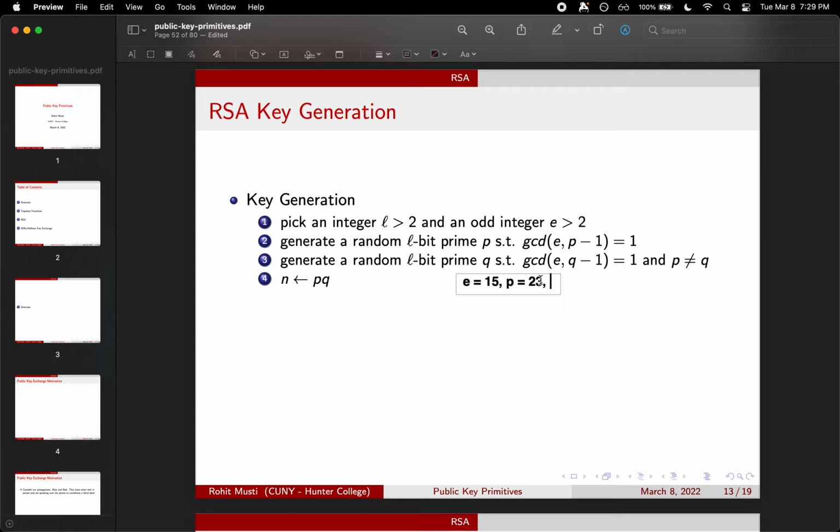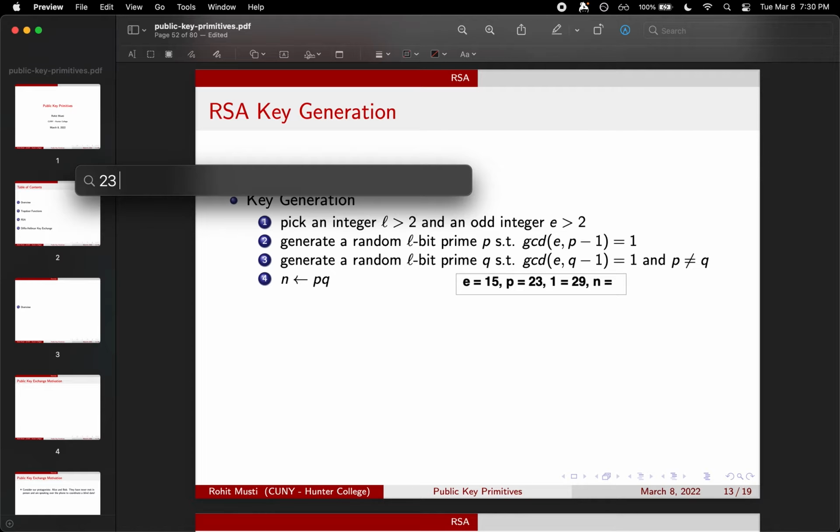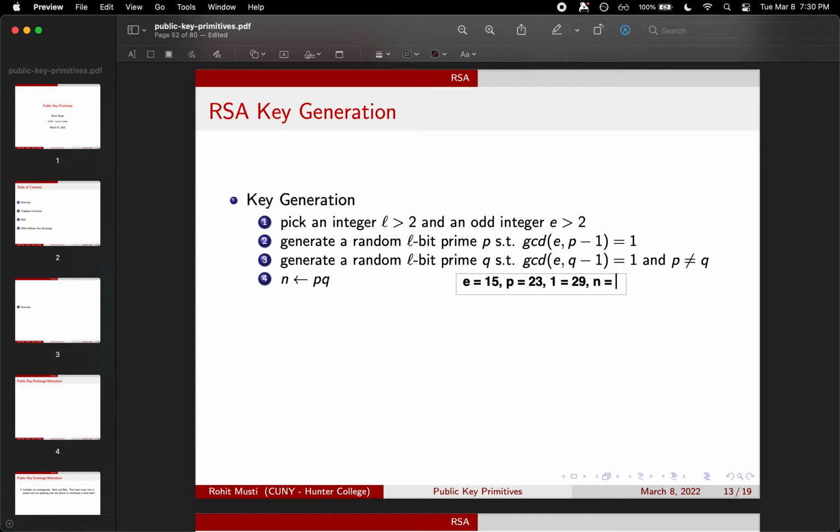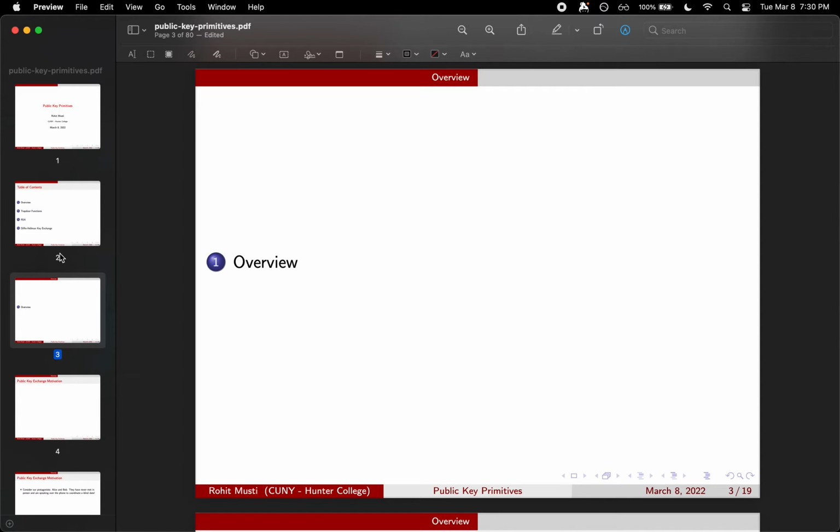And let's say Q is 29, and 29 minus 1 is 28, whose factors are 1, 2, 4, 7. So there's no overlap between Q minus 1 and E, and there's no overlap between P minus 1 and E. So then N equals 23 times 29, which is 667. So that's an example of how you might calculate N.